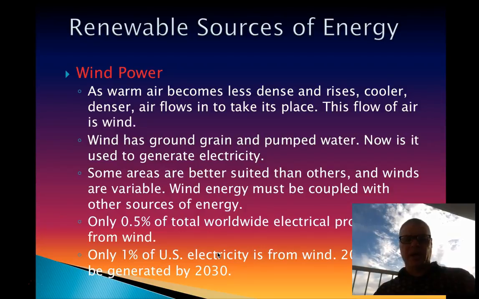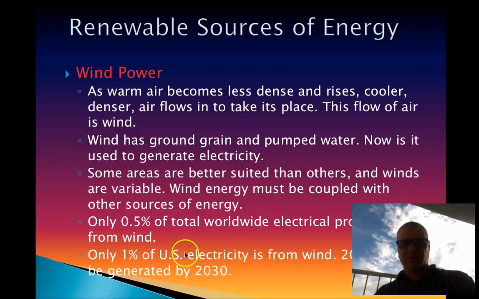And then, of course, there's wind power. We all know how wind gets created here. We've talked about some of the climate stuff. But wind has been used to grind grain, also usually for pumping water, like old windmills, but now it can be used to generate electricity. And of course, just like geothermal, just like hydroelectric, wind power has a geography in terms of where it'll work.